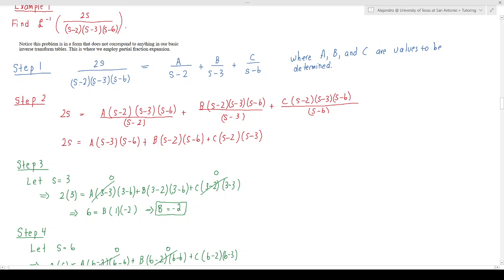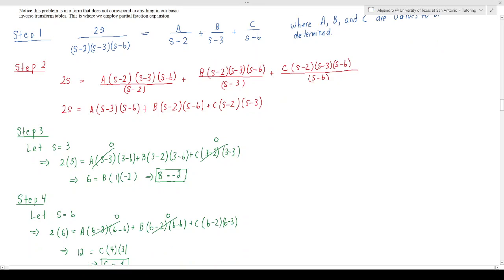The roots of these are 2, 3, and 6, respectively. Because if you plug in s is equal to 2, this is a 0. That's a root of s minus 2. If you plug in 3 here, that's a root of s minus 3. If you plug in 6 here, that's a root of s minus 6, and that's a real root, right? 2, 3, and 6 are real numbers.